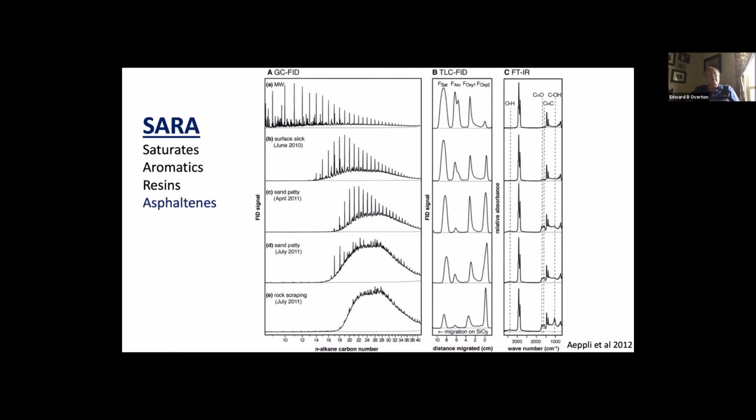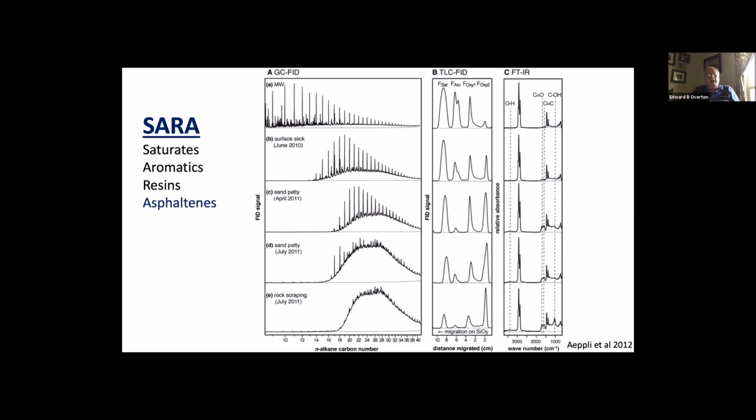There are a number of ways of looking at it. I showed the fractions that I choose. The oil industry uses something called SARA analysis, in which they separate hydrocarbons into saturates, aromatics, resins, which are high molecular weight hydrocarbons, NSO compounds, and then the asphaltenes.